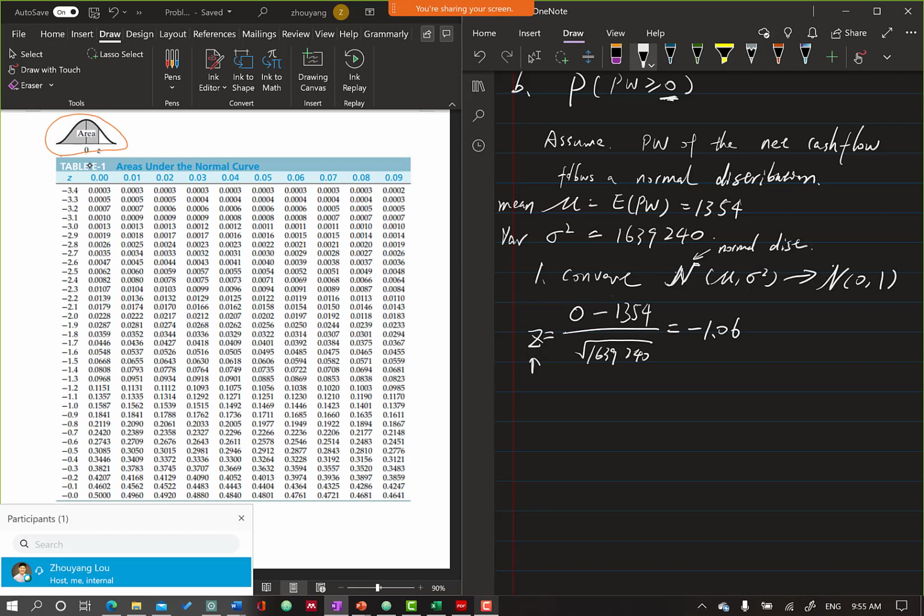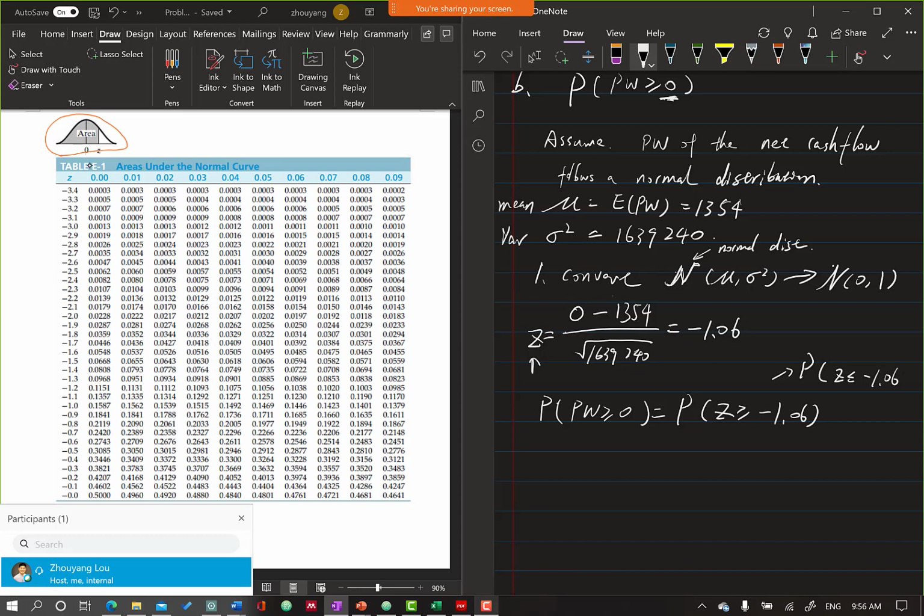Okay, so now we can rewrite what we have as the probability that present worth is greater than 0 will be the probability that z is larger than or equal to -1.06. But we still want to use this table, and we can only find P(z less than or equal to some number).